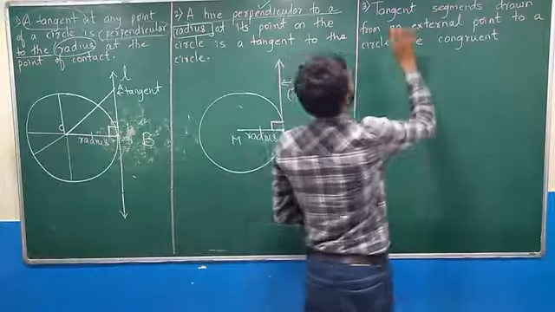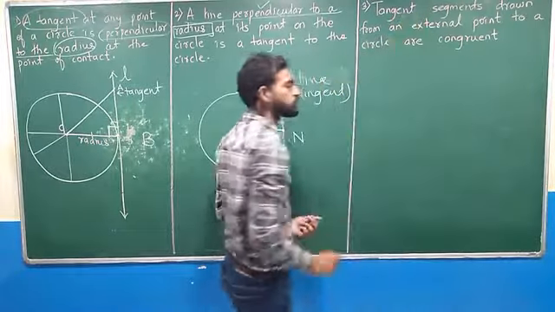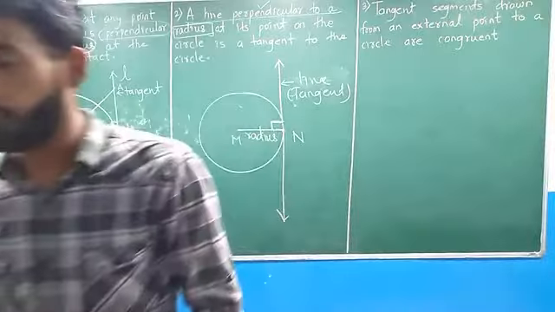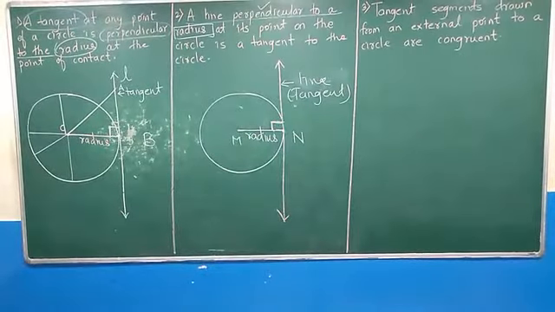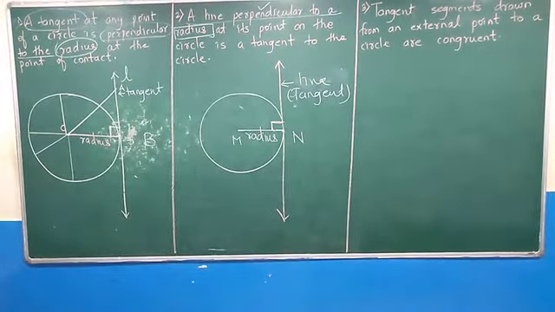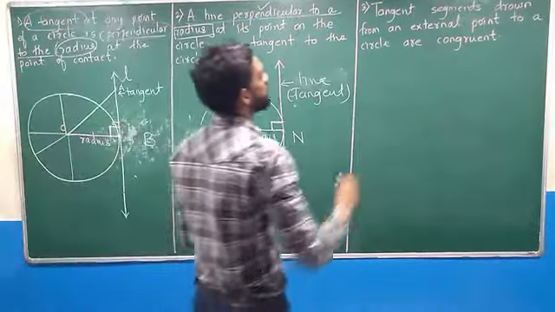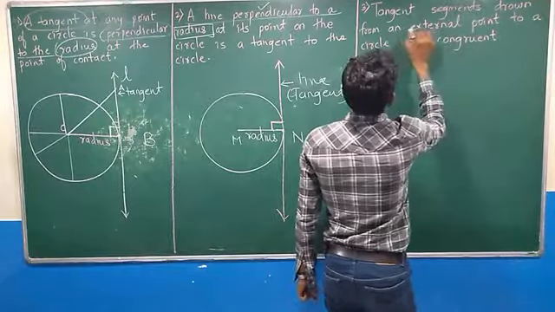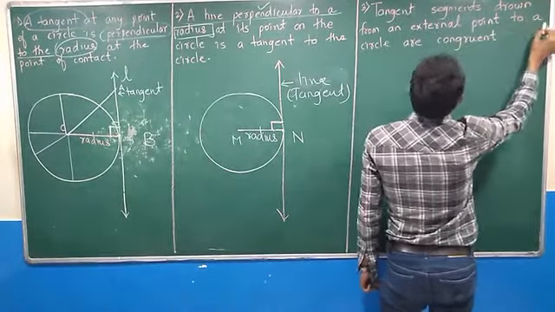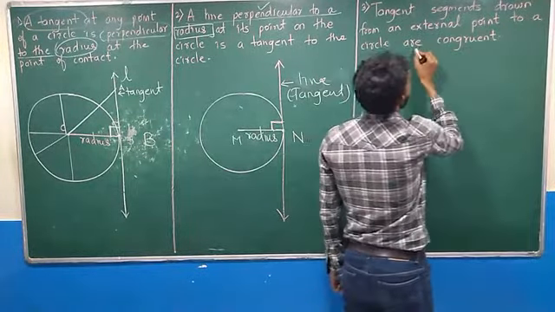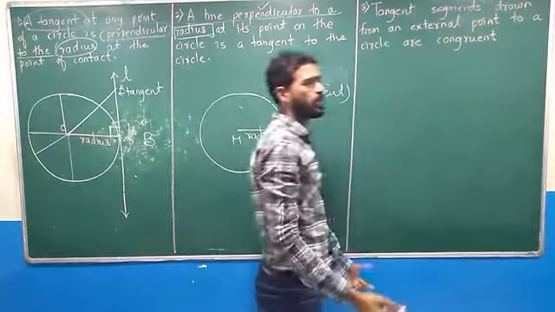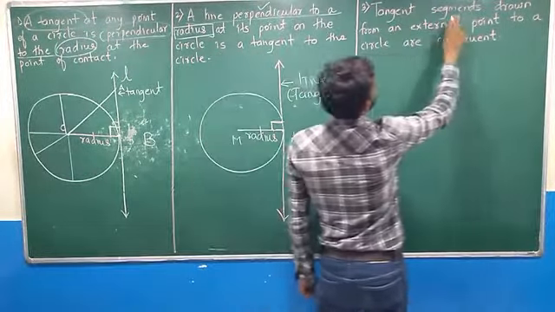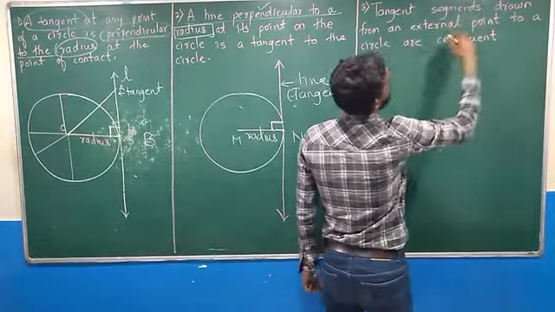Now we'll read the third property, one of the most important properties of the first exercise. Okay students, let me explain this property. Tangent segments drawn from an external point to a circle are congruent. Now what does it say? Tangent segments drawn from an external point.